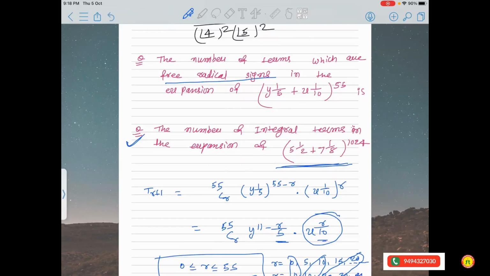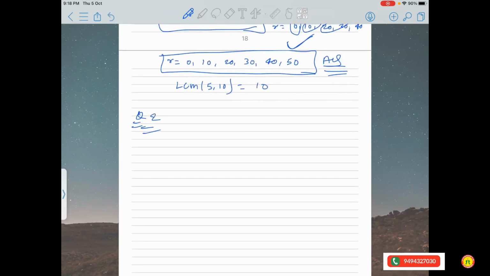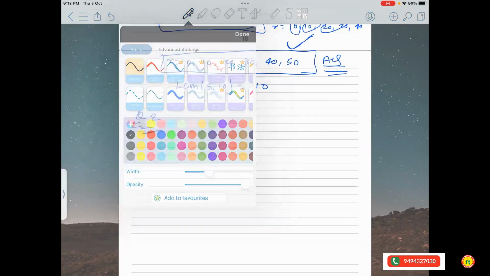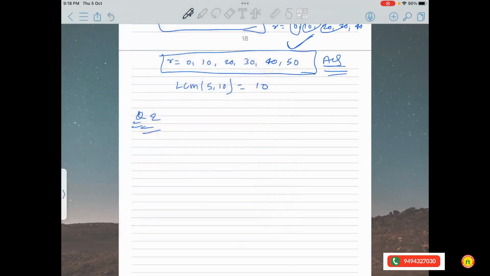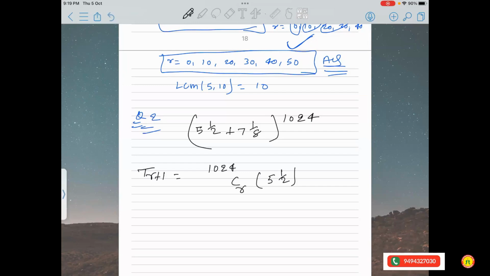So now for question number 2, how to answer this question? (5 power 1/2 plus 7 power 1/8) power 1024. So write down the (r+1)th term, the general term: 1024Cr, you can write as 5 power 1/2 power (1024 minus r), 7 power 1/8 power r, right?